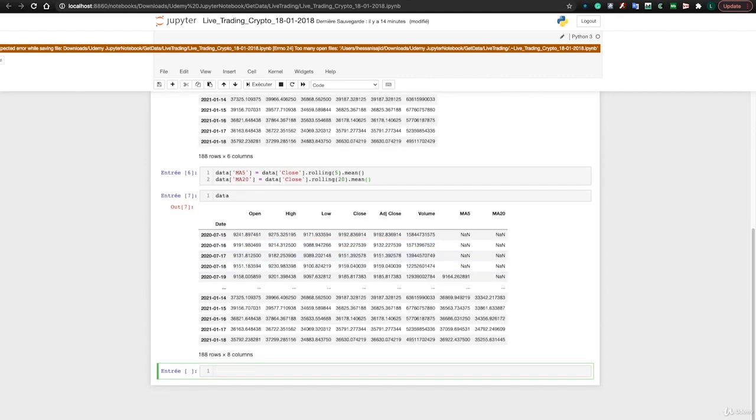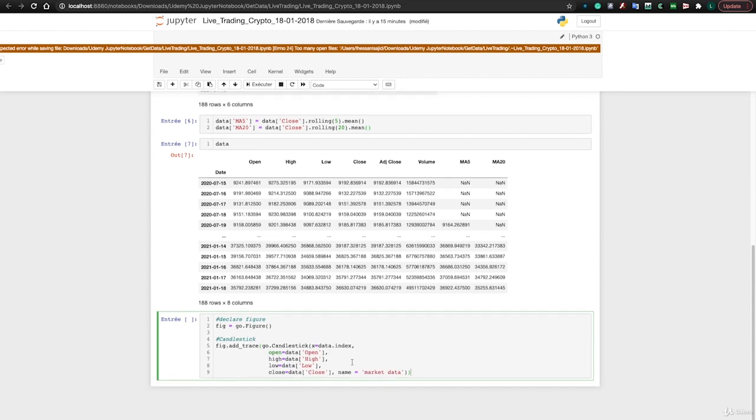Okay, what we're going to do now is plot the data, which means we are going to declare the figure. Then we are going to use a candlestick chart in order to get the data. If you remember well, for the candlestick you have to use X as an index.